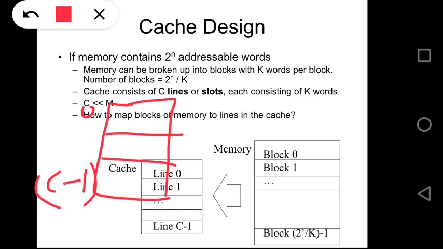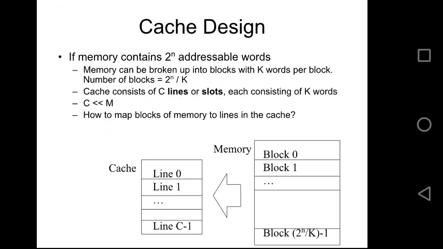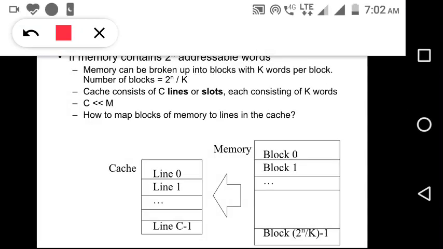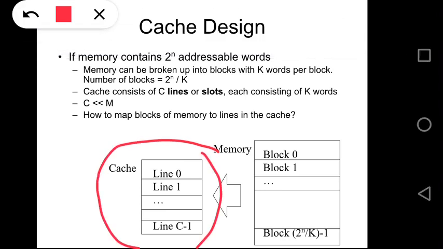Simply you say this is a block, but you are just calling it a line or slot. Let's assume I have 3 blocks. So this is my cache. First, this is my main memory divided into block 0 to block 2 power n divided by k minus 1.